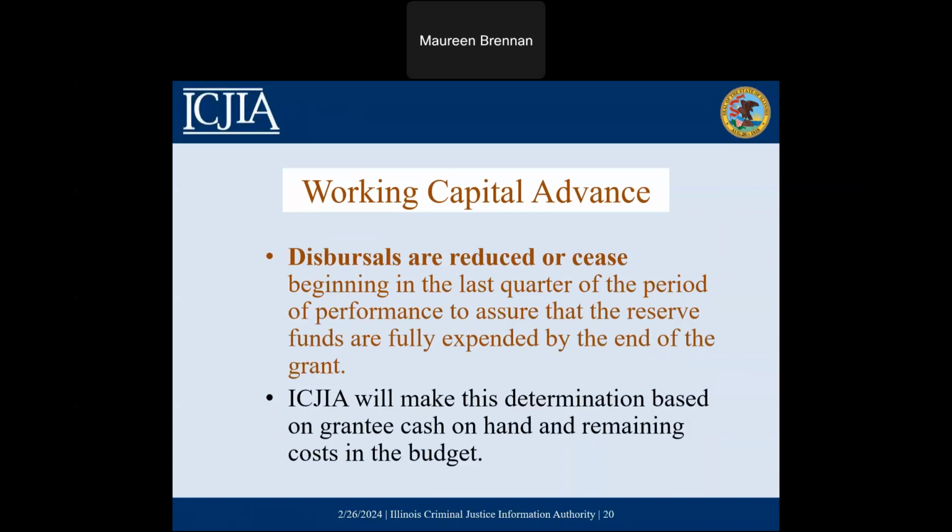Our goal is to have you reach a zero cash balance by the end of the period of performance and not have to owe us a big refund or for us to have to make a big dispersal to you at the end of the grant. So this will be a monthly determination on the part of your grant specialist and their manager based on the cash that you have on hand and the remaining expected costs that are detailed in that cash budget. So that's a brief look at the 3 dispersal methods that we use.